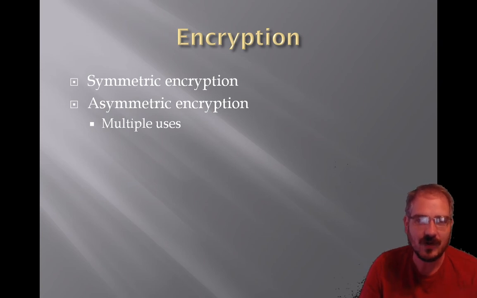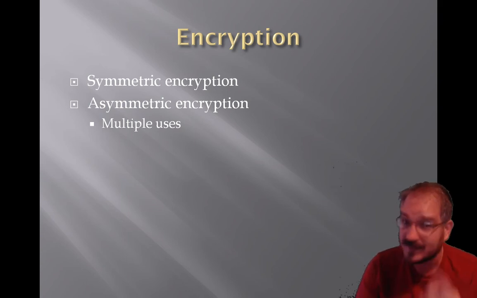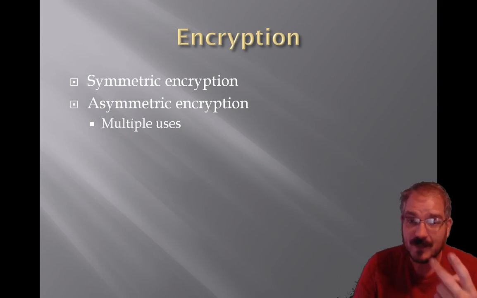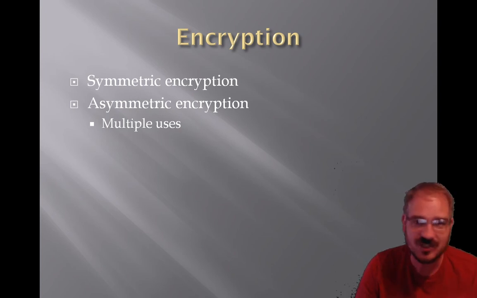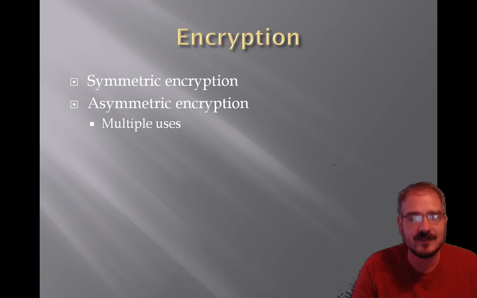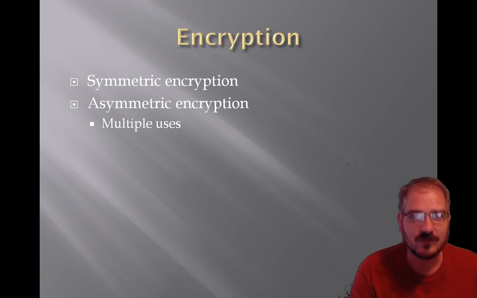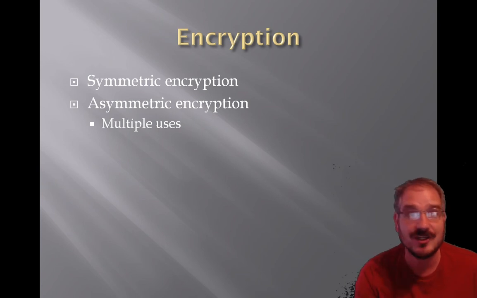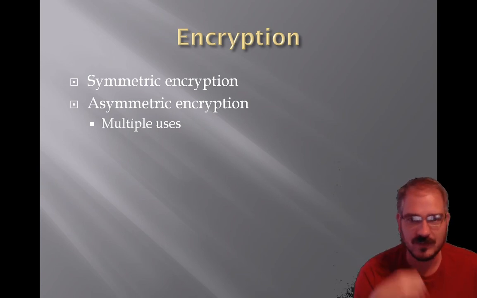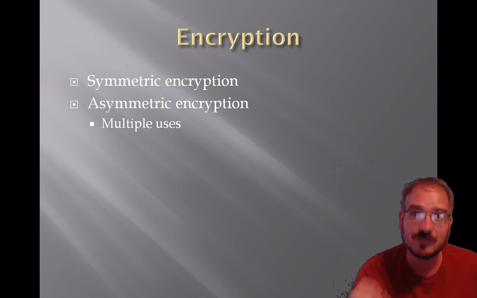So if they can decrypt that file or that message using my public key, they know that I am definitely the one that sent it, and that it hasn't been changed by anybody since I encrypted it. That's how things like digital security certificates work, right? So Microsoft will send out a patch to fix their operating system. So if you want to patch Windows, you have to download it from Microsoft. But they use this process.